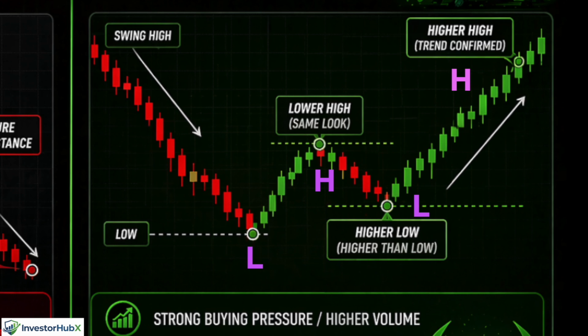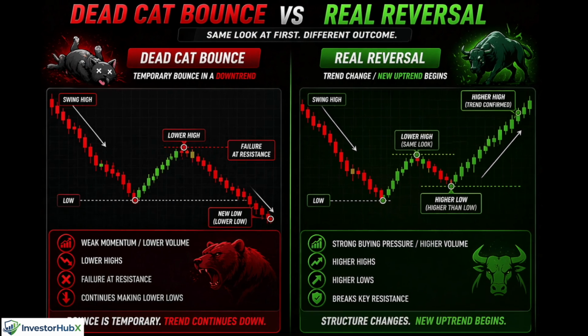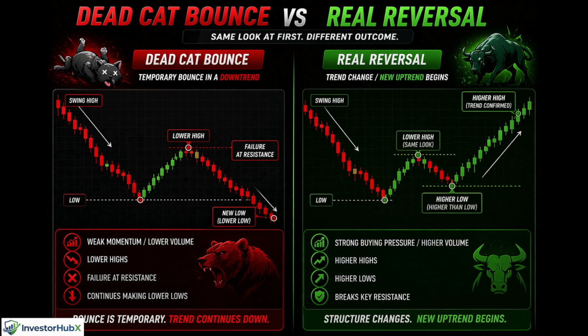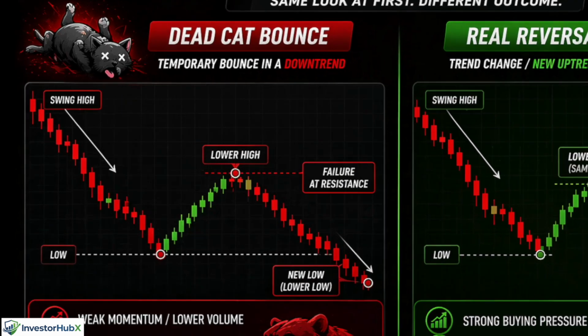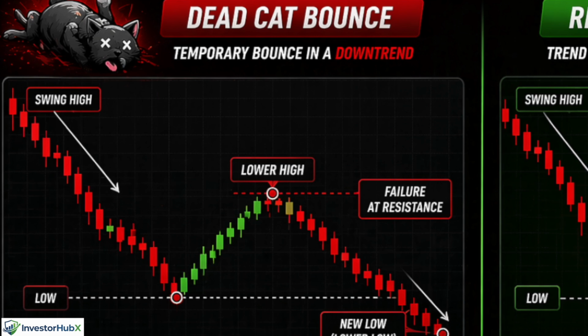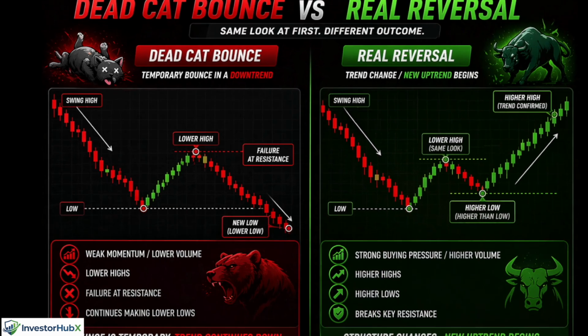A reversal doesn't just move up once. It forms a higher low, and then pushes into a higher high. That's how a new uptrend begins. The market is no longer weak. It's starting to turn. In a dead cat bounce, you won't see that structure. Instead of forming higher lows, the market continues to make lower lows. The bounce fails, and the downtrend resumes.